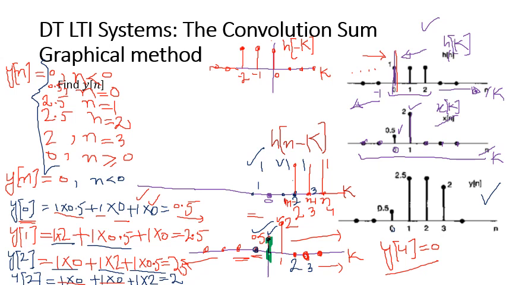So for all values of n equal to or greater than 4, the output signal y of n will be 0.